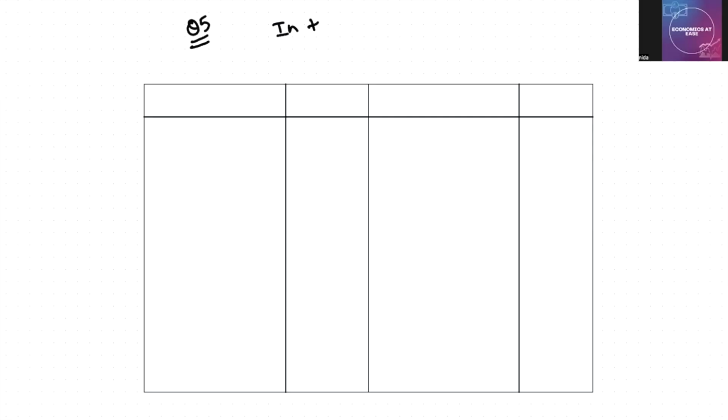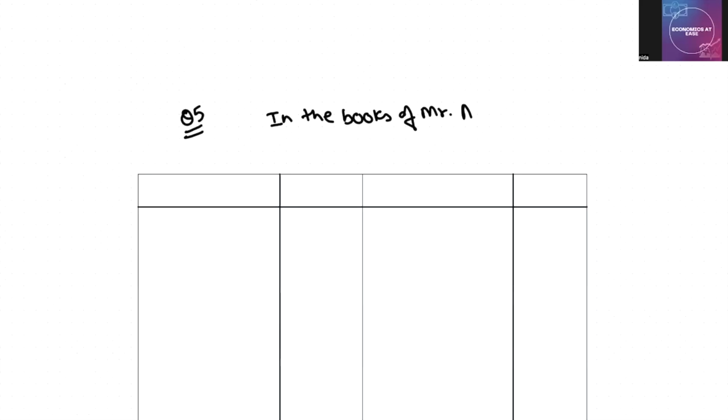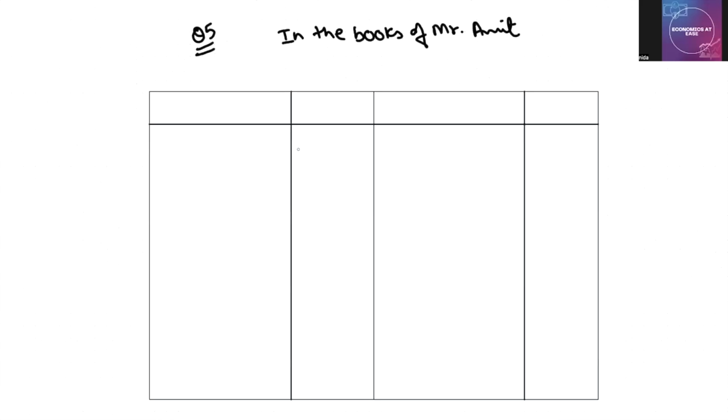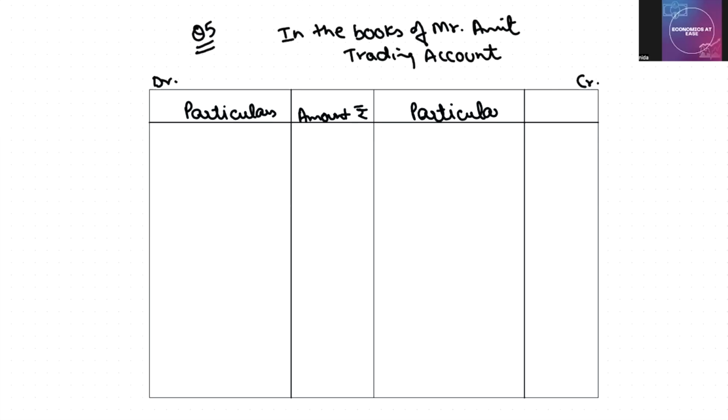In the books of, for example, Mr. Amit here, Mr. Amit, then you put the heading of trading account, then debit side here, credit side here, then particulars, amount, rupees, then particulars, amount rupees.